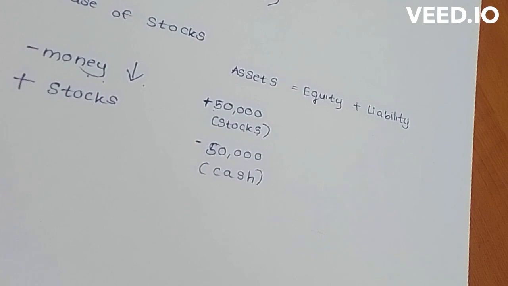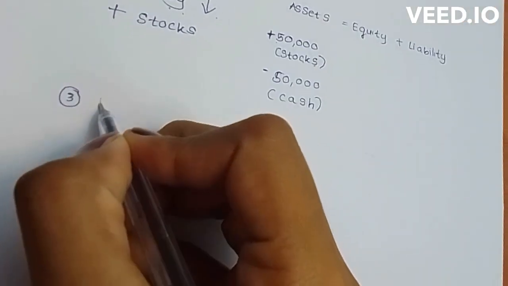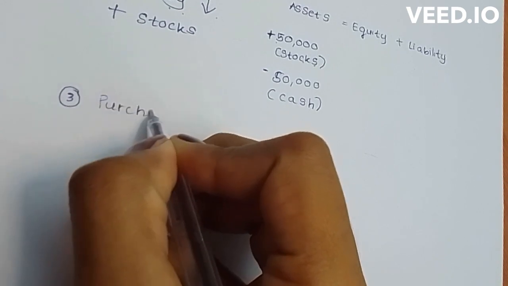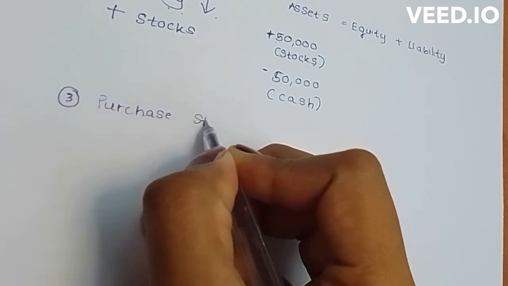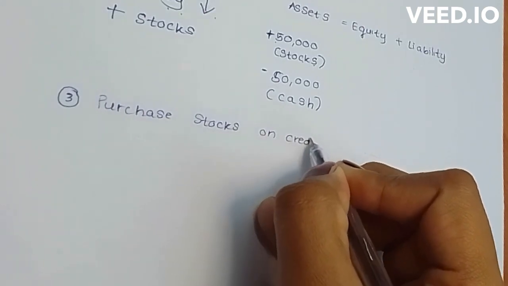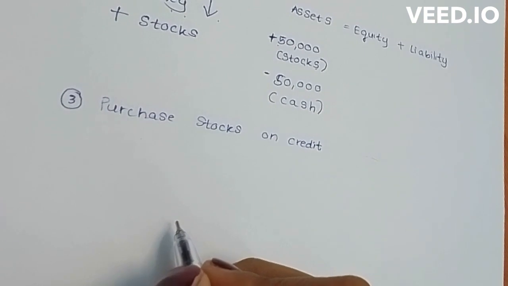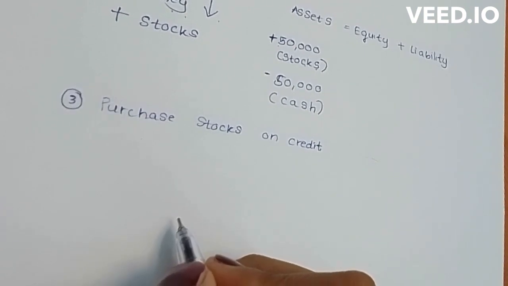6th of April, purchase of stocks on credit. When we purchase by paying cash, our cash within the business will decrease.